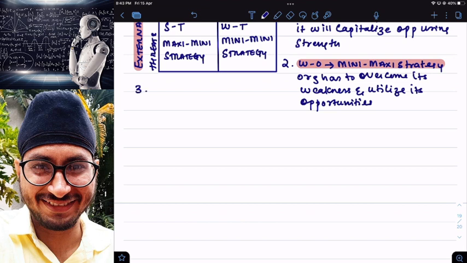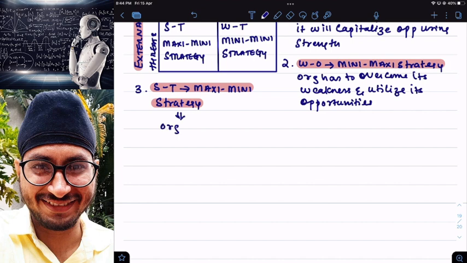Then the third one we have is ST, that is the maxi mini strategy. Clear? Here what will happen? Sir, my strength should be maximum and weakness should be minimum.